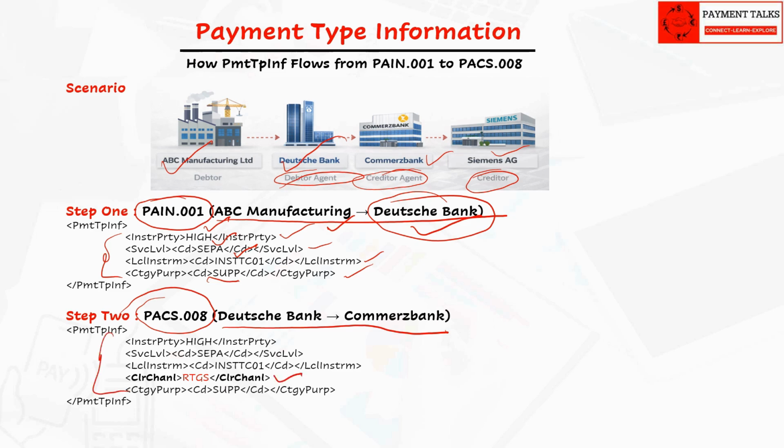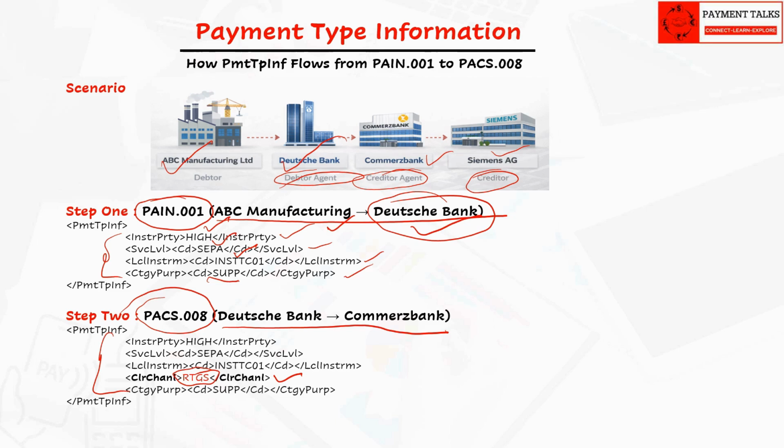Deutsche Bank's payment engine evaluates the service level SEPA, the instrument instant, the amount Euro 150,000 and the currency Euro. It determines that for a SEPA high value Euro time critical payment within the eurozone, targeting an RTGS system is the correct clearing rail. It populates clearing channel accordingly.